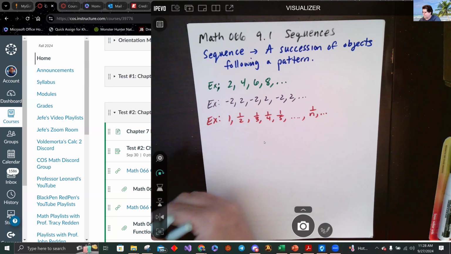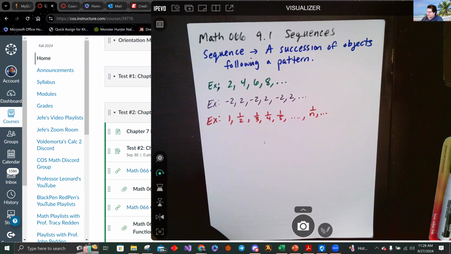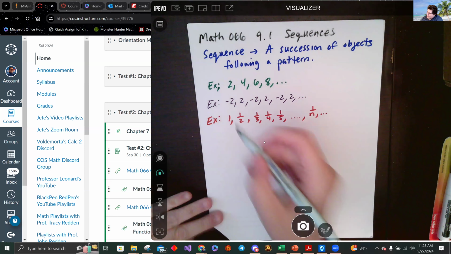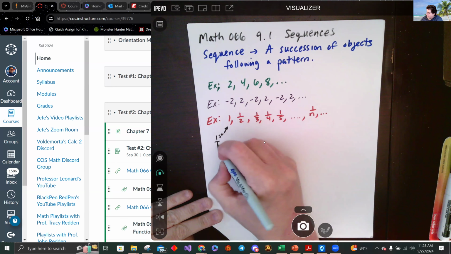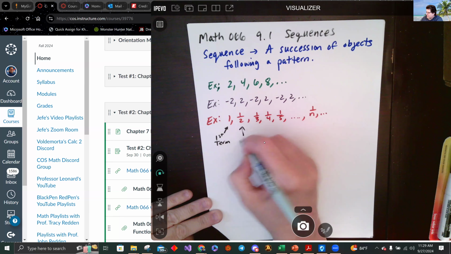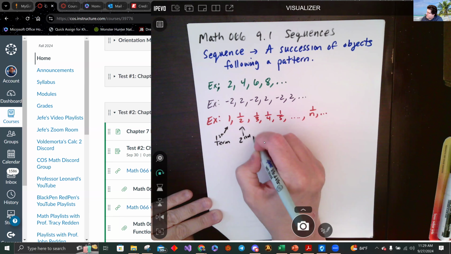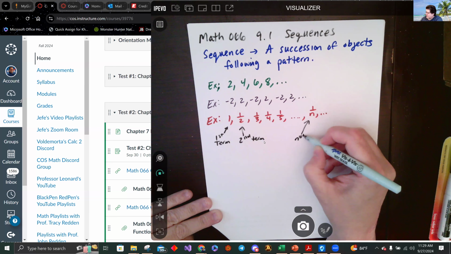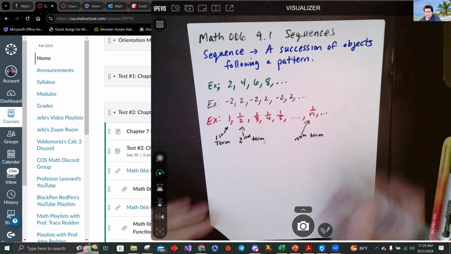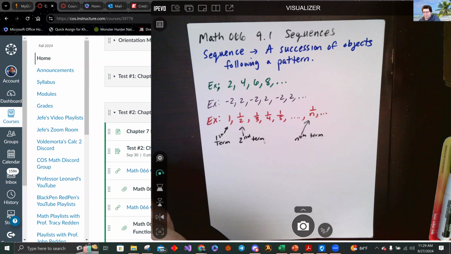So generally we name or label these terms based on their position. This is the first term. Second term. And like nth term. And when we do that, it allows us to write it in a simplified notation.